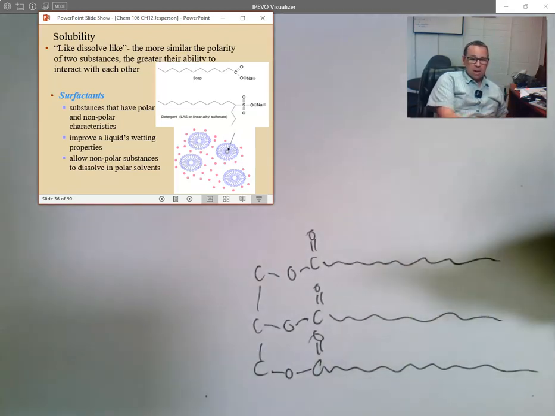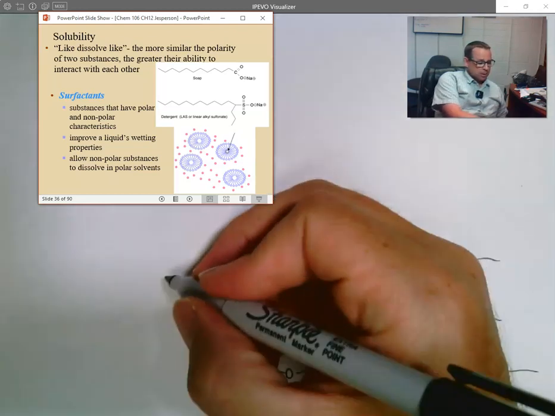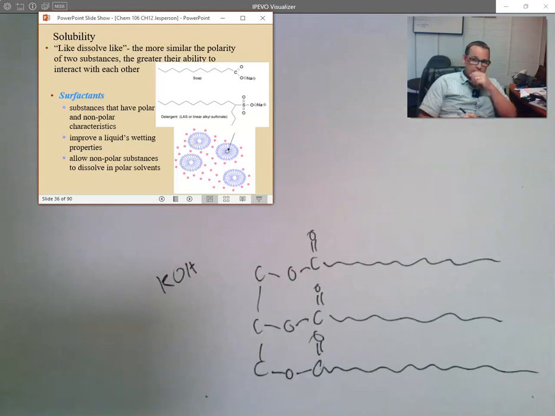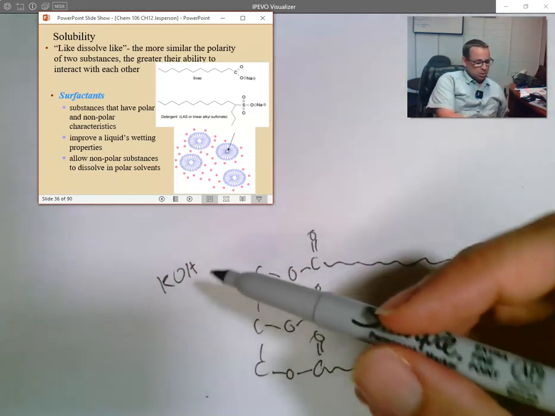And along with that, the wood that is being burned results in some potassium hydroxide. That potassium hydroxide results from the wood being cooked there.